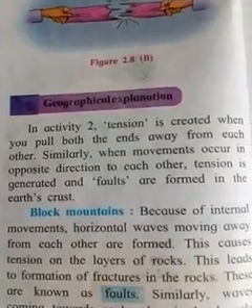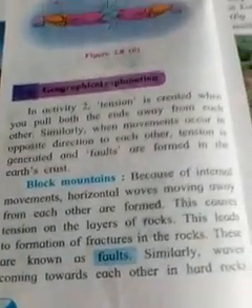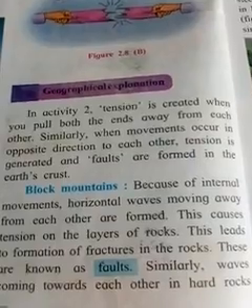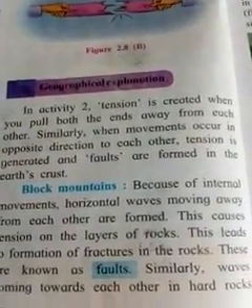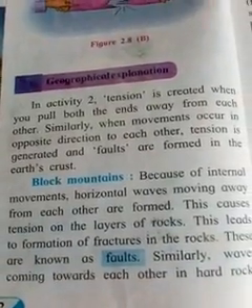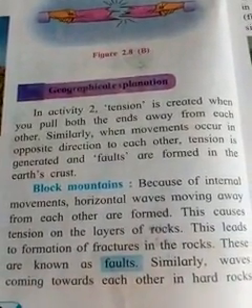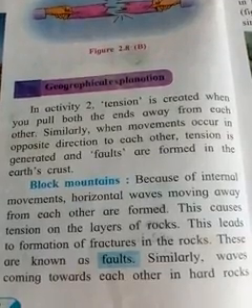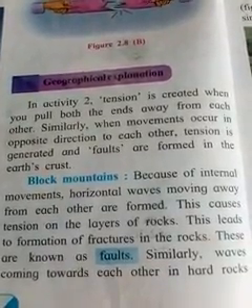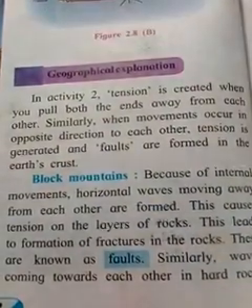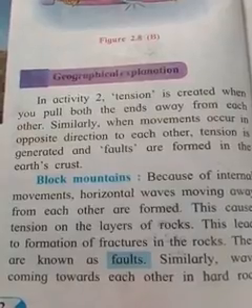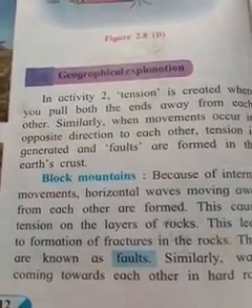This causes tension on the layers of rock. This leads to the formation of fractures in the rocks, and at that time this tension creates fractures in these rocks. These are known as faults.